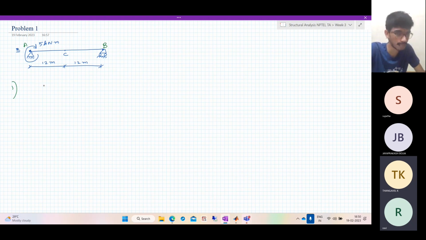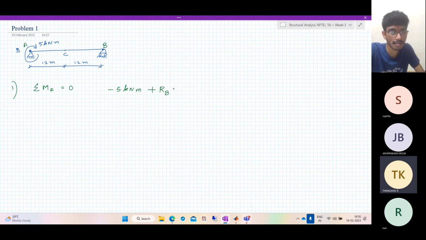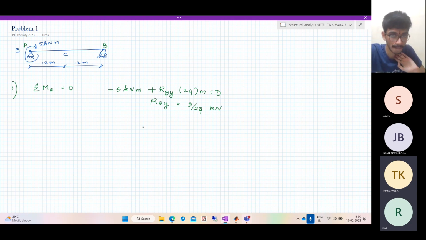Let us take moments about the point A. Minus 5 kilonewton meters plus RB, the reaction at B in the y direction, times 24 meters is equal to 0. So we get the reaction at B as 5 by 24 kilonewtons. Now, what will be the reaction at A?